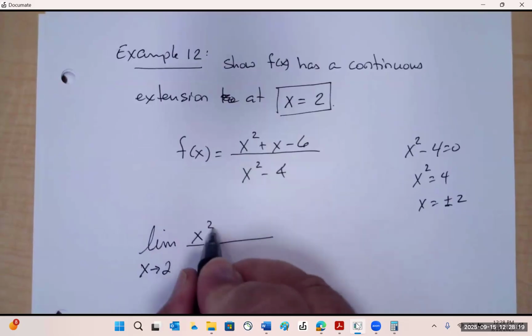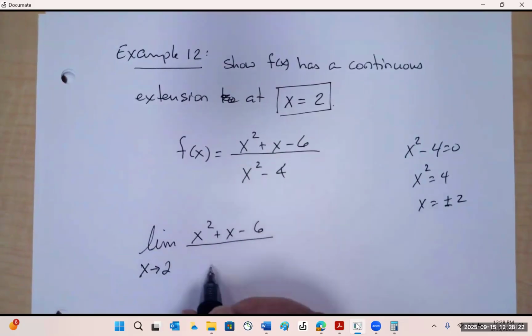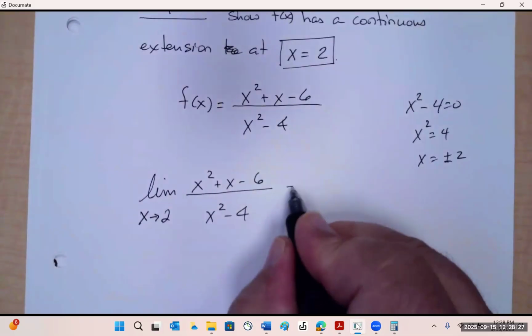So let's look what happens when we take the limit as x approaches 2 of our function.